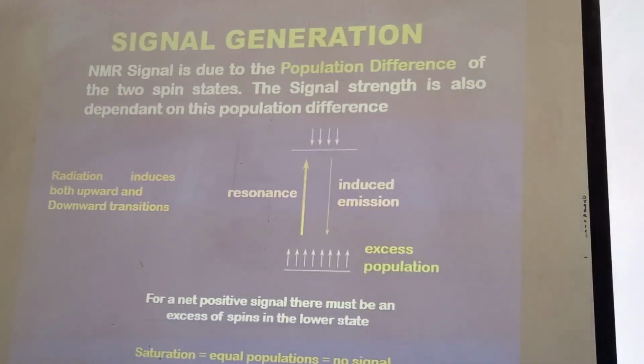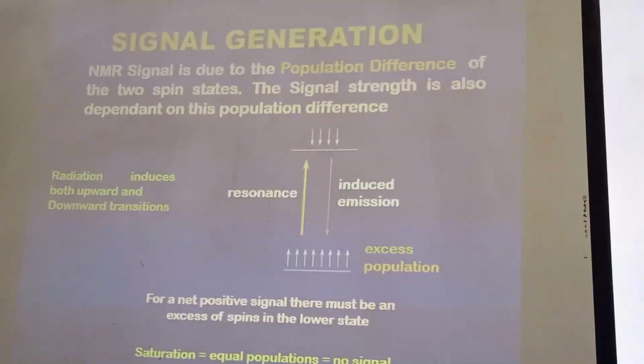In two words, this NMR signal, as I told you earlier, is because of the excess population. If there is no excess population in the alpha state, there would be no signal. The state where there is no difference of population between the alpha and beta state is known as a saturated state.